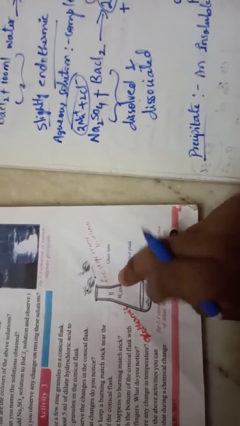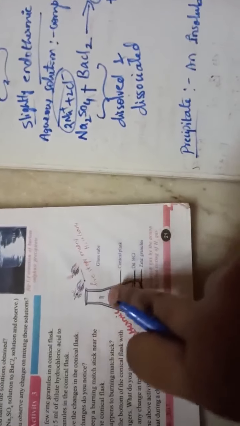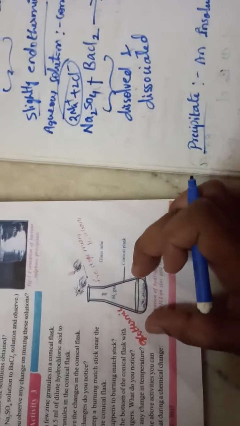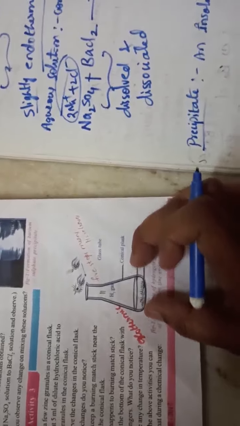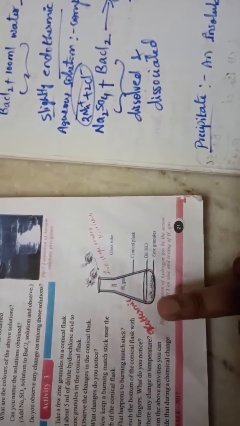So how can we conclude that it is hydrogen gas? When we test with fire, the fire will stop. Fire stopping means there is hydrogen gas. And if we touch the flask with our hands, it is somewhat hot. So that's why this reaction is an exothermic reaction.